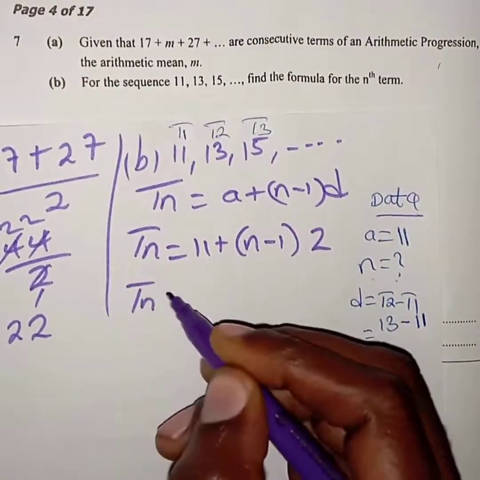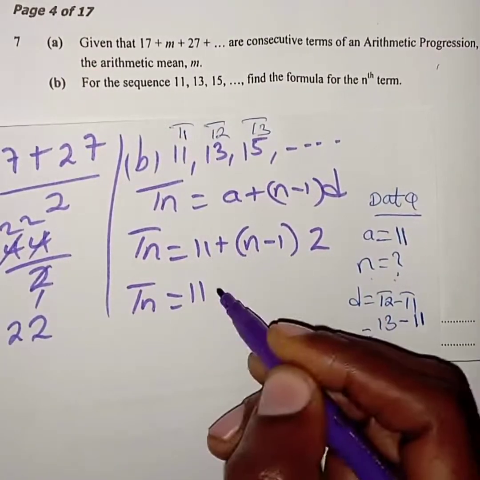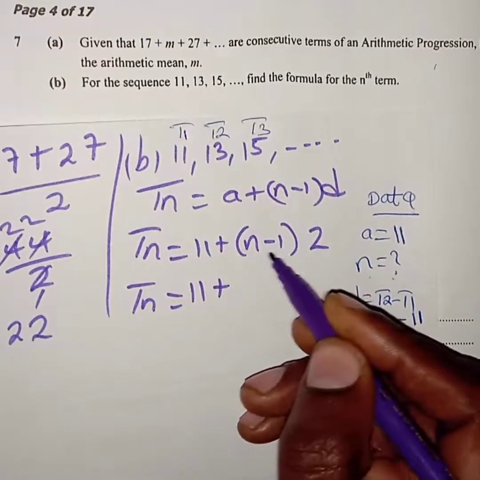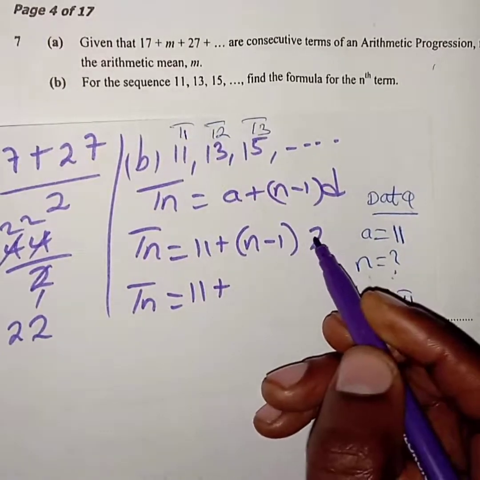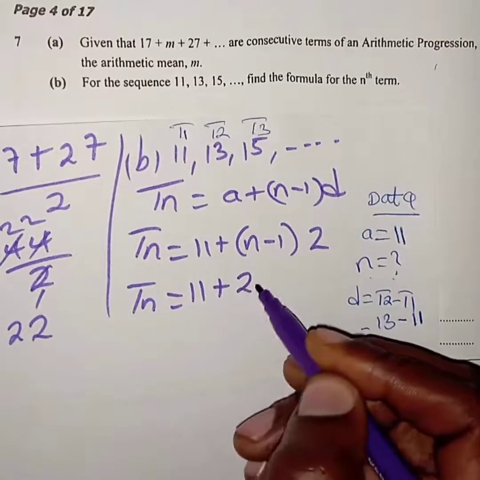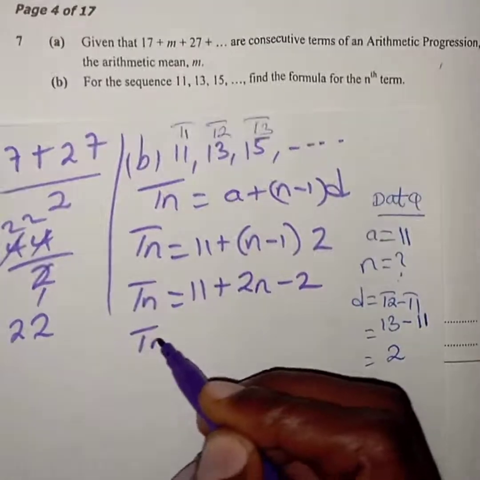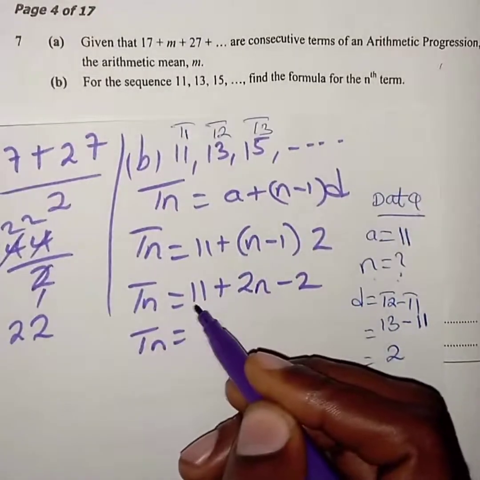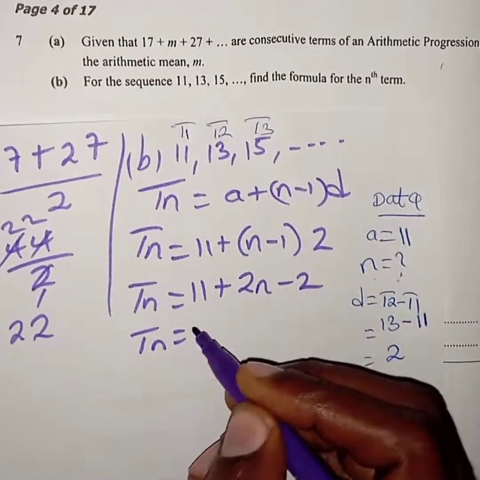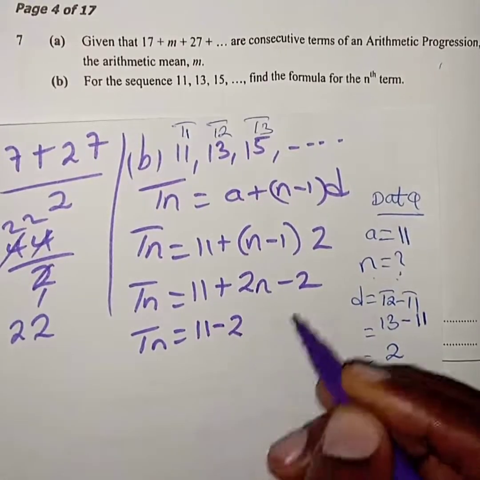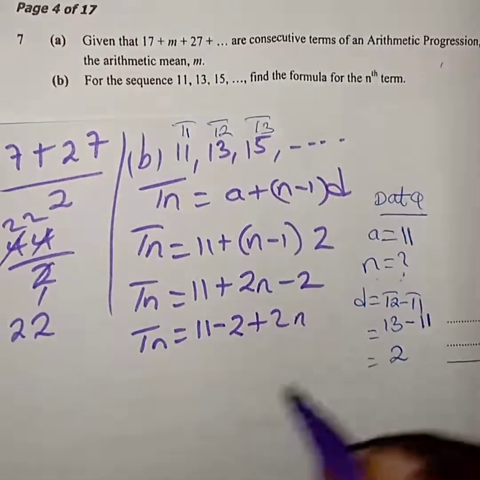As you can see, a is 11 plus (n minus 1) times d, and d is 2. So Tn is equal to... are you able to work out what is in the brackets? You can't. These are not like terms, so you simply multiply 2 times n, 2n, 2 times negative 1, negative 2. Collect like terms: 11 and negative 2, so write them like this, then 2n remains.